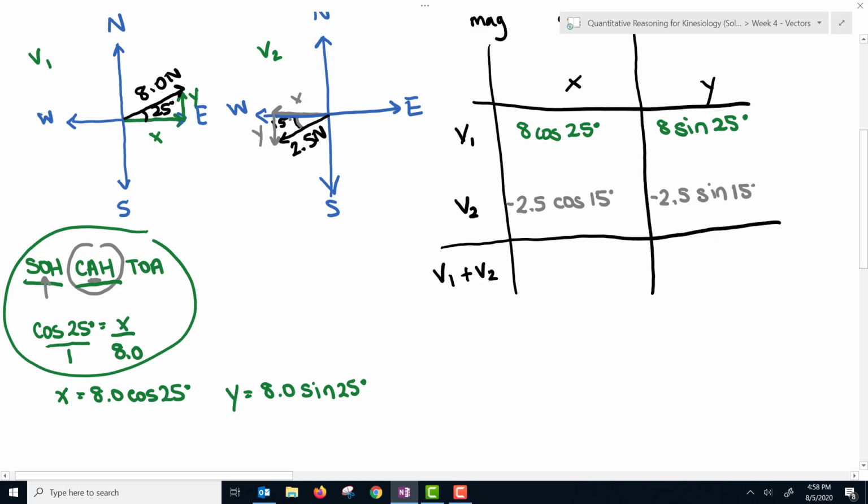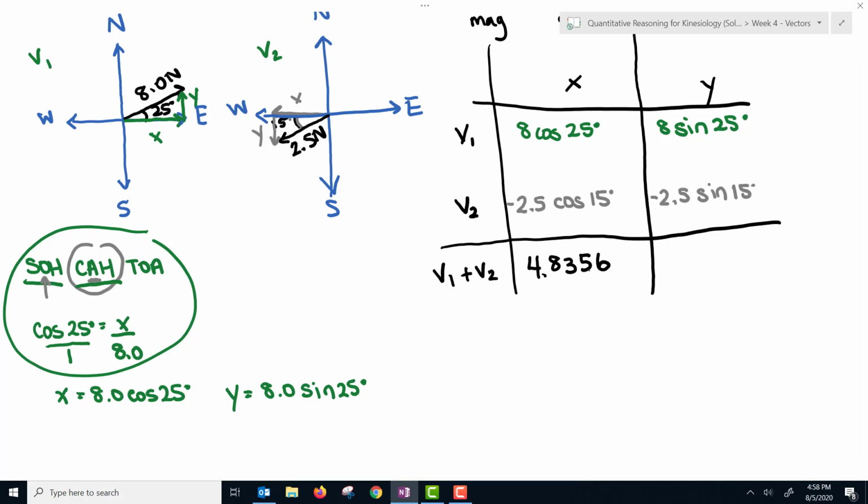So on my calculator, I'm typing 8 cos 25 minus, or you can write plus negative, but I'm writing minus 2.5 cos 15, and I get 4.8356. Notice I'm leaving lots of extra digits right now, and that's because this isn't going to be my final answer yet. I still have another step to do.